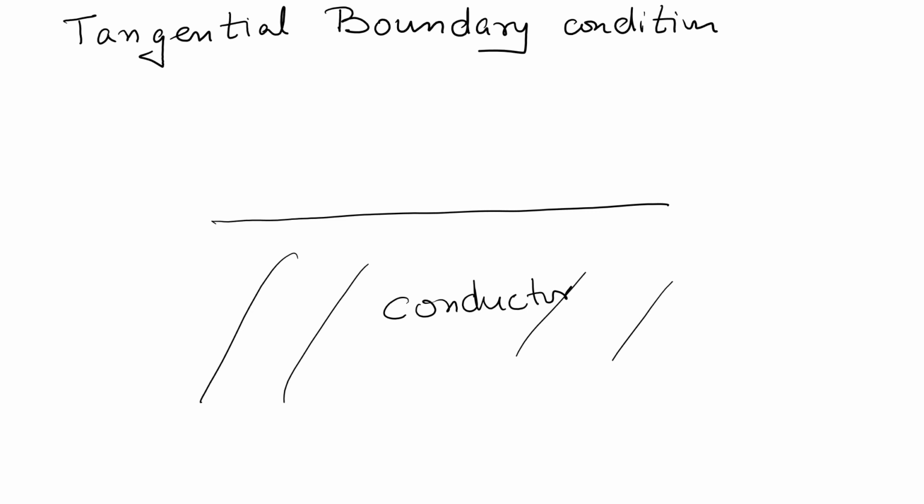I have said that for the time being, we are assuming that there is a tangential component, but we have also said, as the first rule we defined, that electric field inside the conductor has to be zero. This tangential field, which I am assuming, is happening in the air.